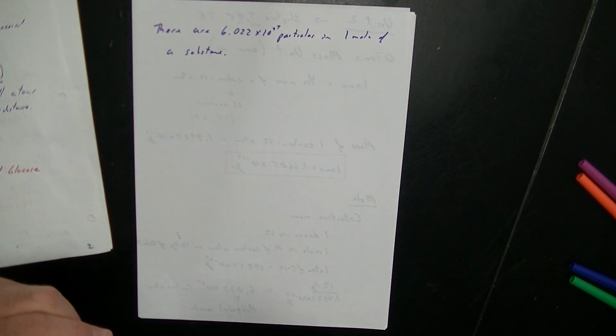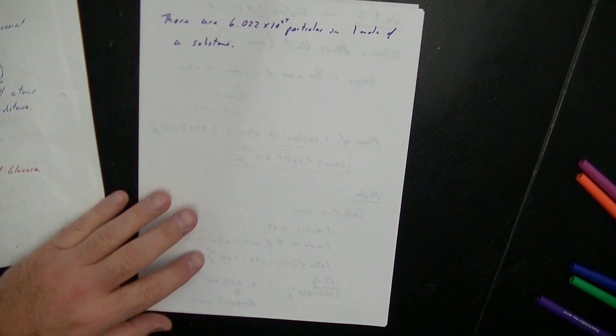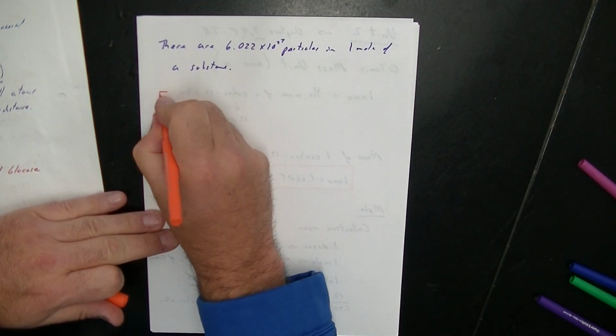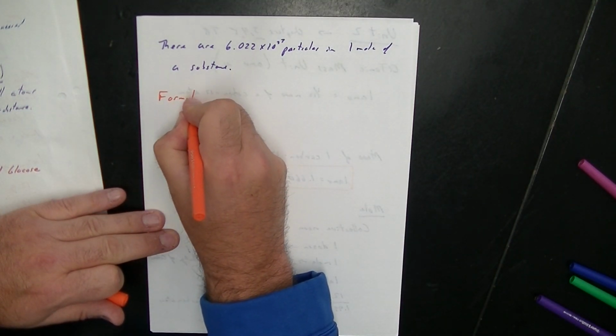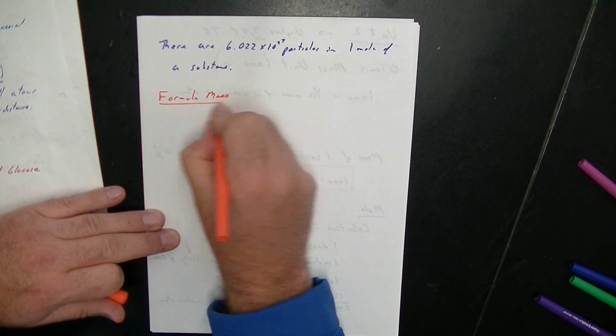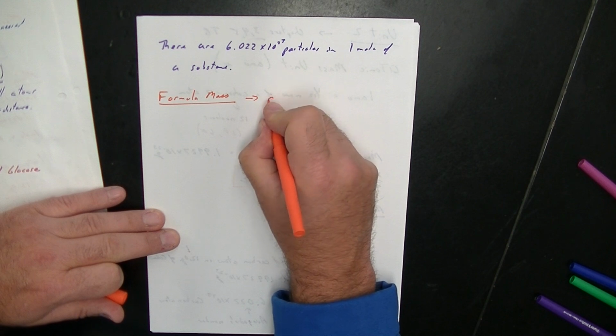And we need to define something called the formula mass. And the units for formula mass are AMUs.